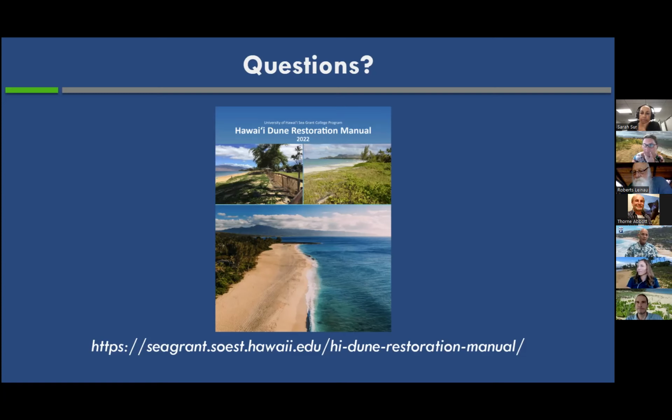We'll call it a pilot for now, but the intention is to restore the dune throughout the Kailua Beach Park area. And the key to this, which is somewhat unique, but not the only place that this involves, is using the sand plug from the river mouth. The Ka'elepulu stream enters right in the middle of the park, and how that sand is managed is really key to the dune restoration effort.